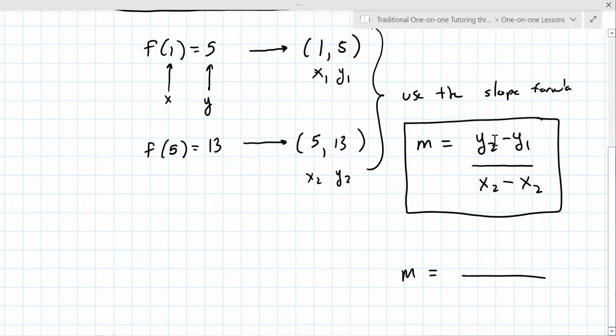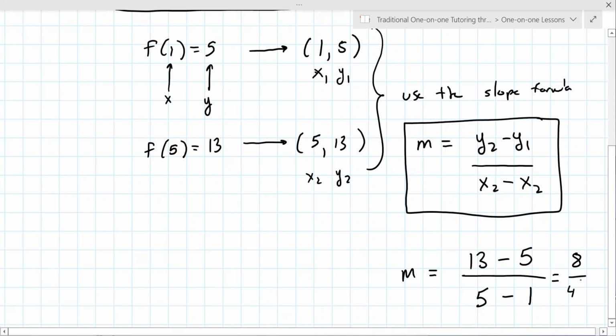What's the value of y2? 13. 13 minus what is y1? Y1 is 5. So you subtract the y's, and then you do the same thing for the x's. X2 is 5 and x1 is 1. Okay, so this one works out nice. It's 8 over 4, which is 2. So your slope is 2.